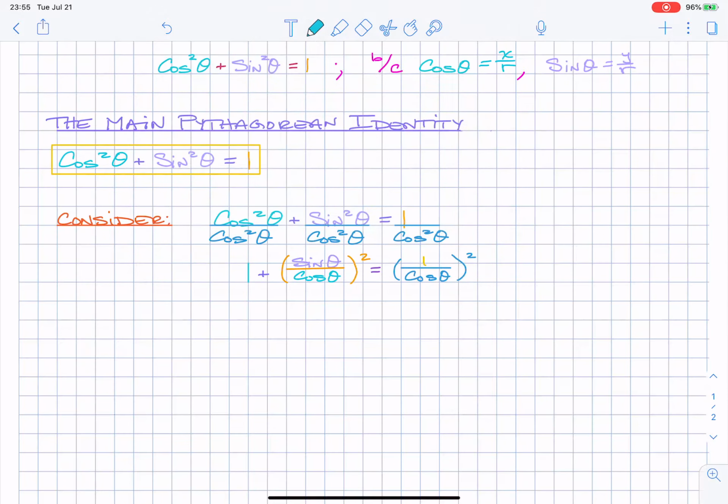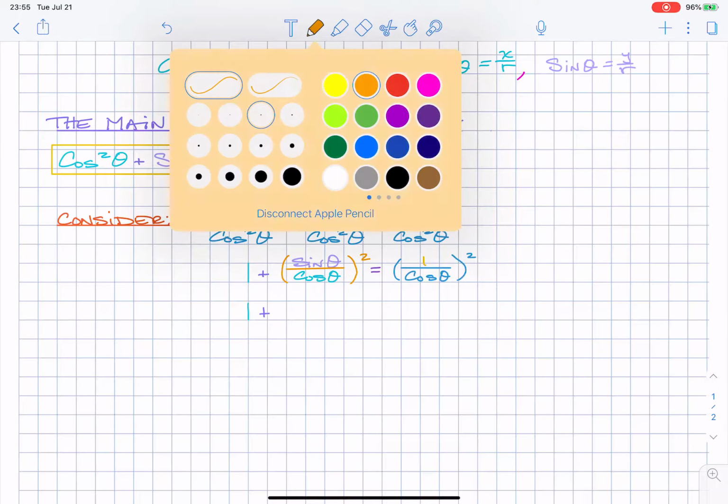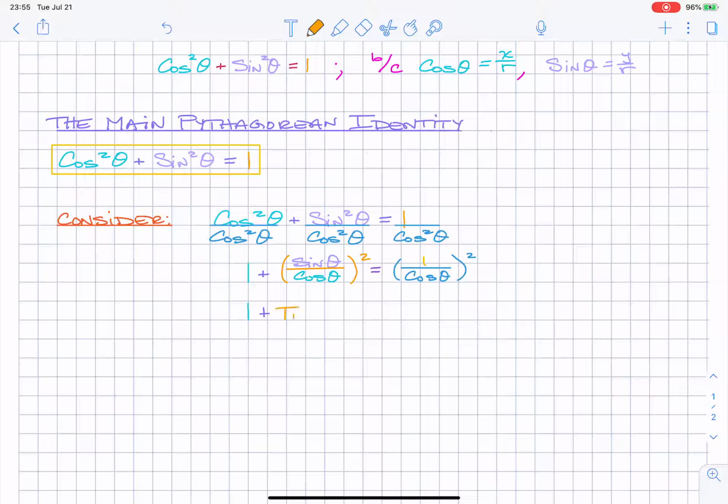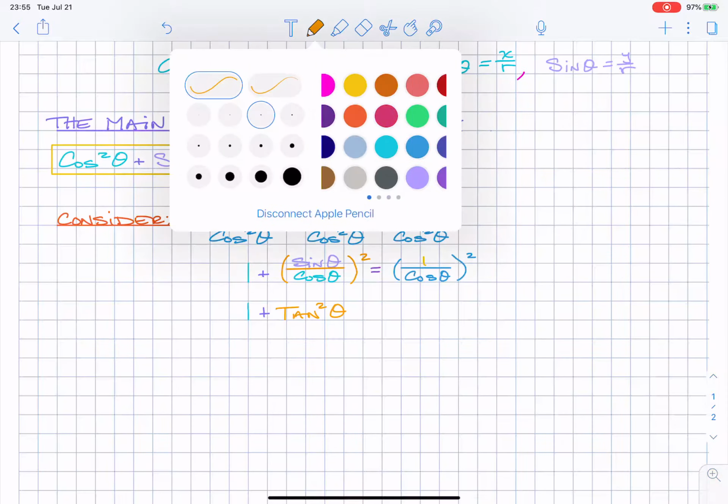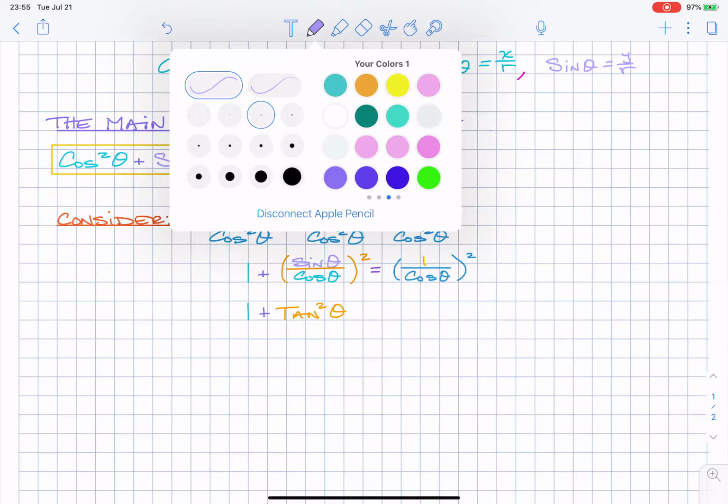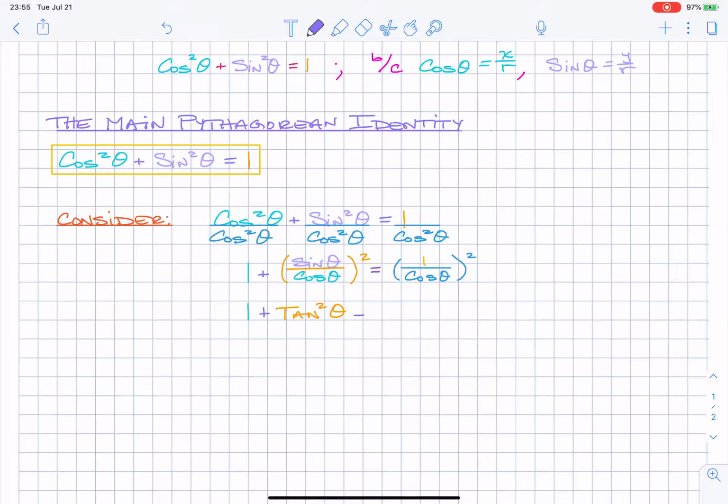Okay, so what do we have? We've got 1 plus sine over cosine, which is actually tangent. So we can write this as tangent squared of theta is equal to 1 over cosine.